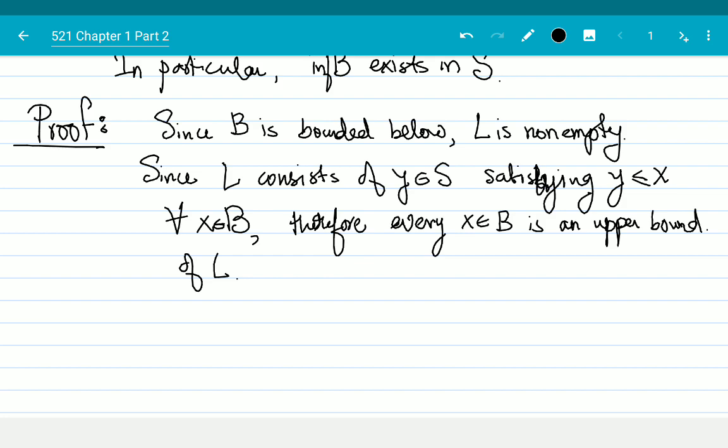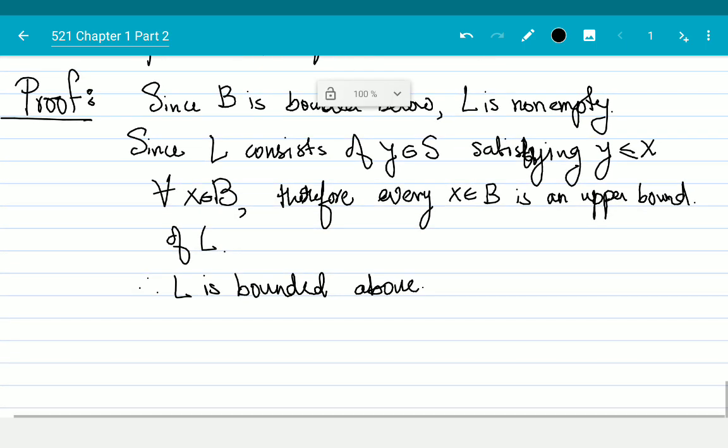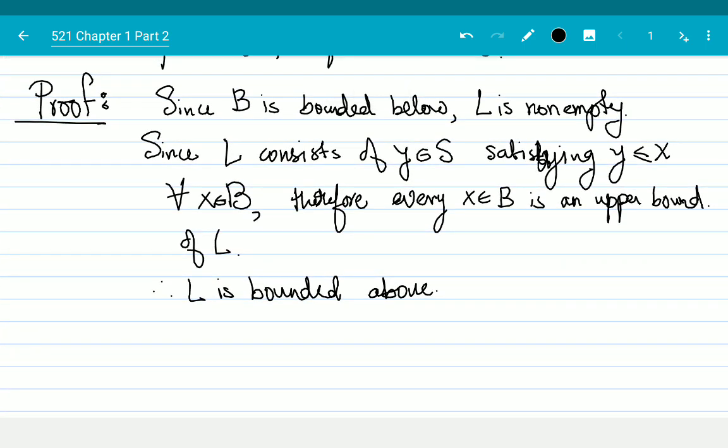Okay, so therefore L is bounded above, and as we assumed that B is non-empty, well, we don't need that actually.